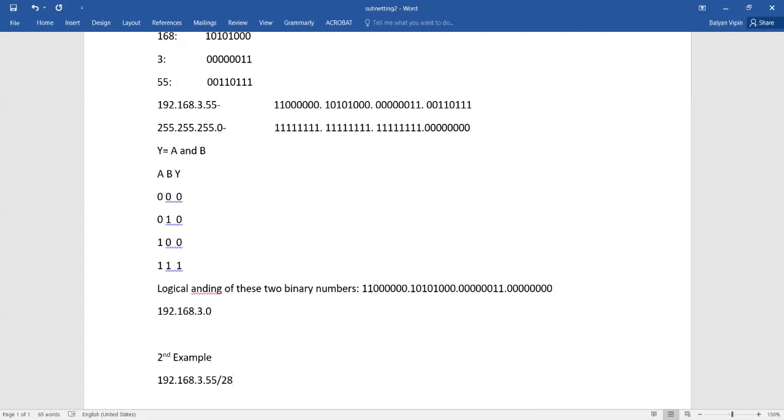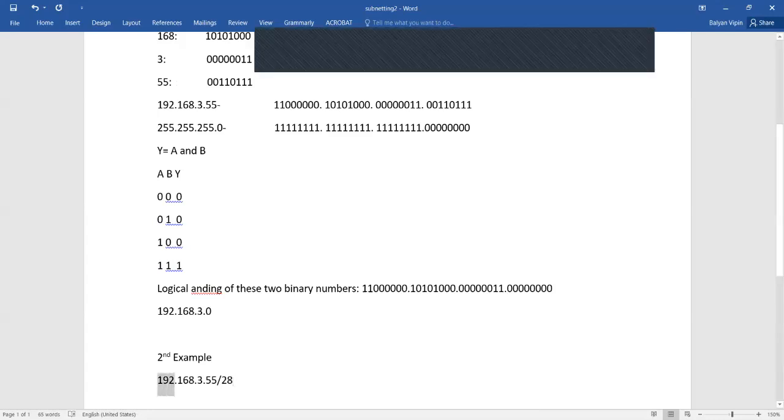So there are 255.255.255 and then there are 4 subnet bits which are taken from the last octet. Again, remember, this is a class C address because it starts from 192. If you don't understand what that class C address means, please look into the first video with respect to subnetting.